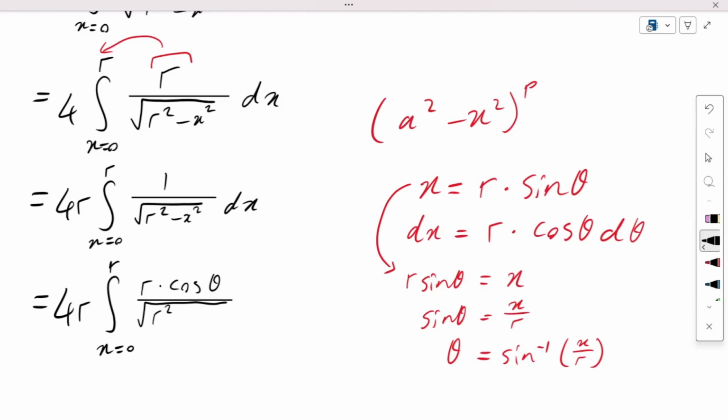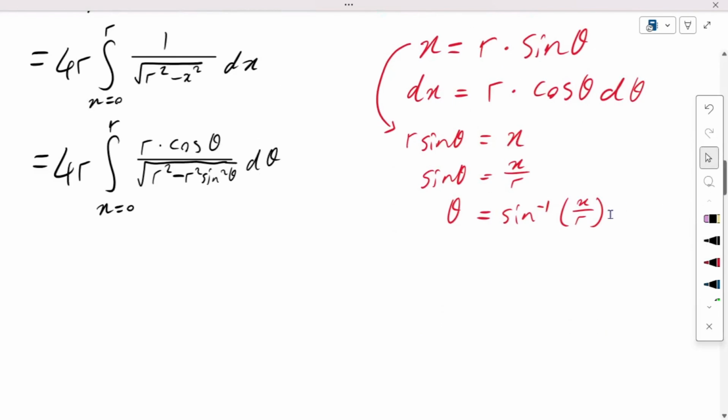We know that x is equal to r sine theta, so x squared is r squared sine squared theta. So it's minus r squared sine squared theta. Great stuff, and this is d theta.